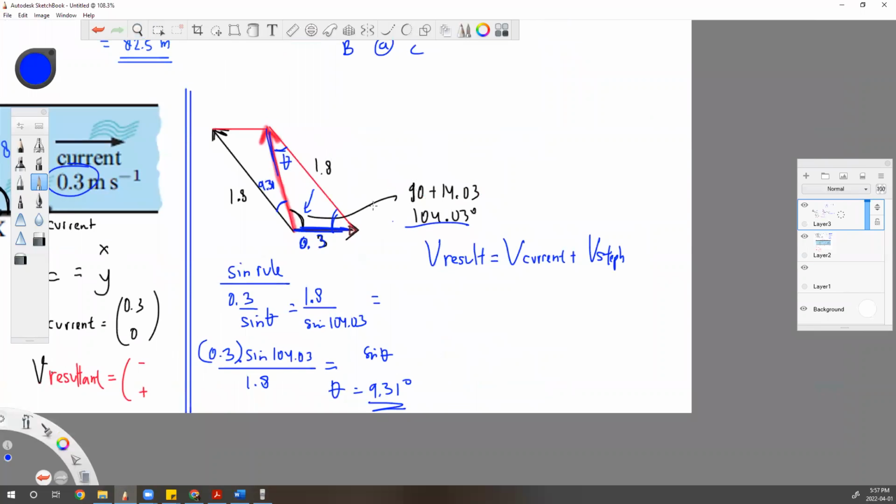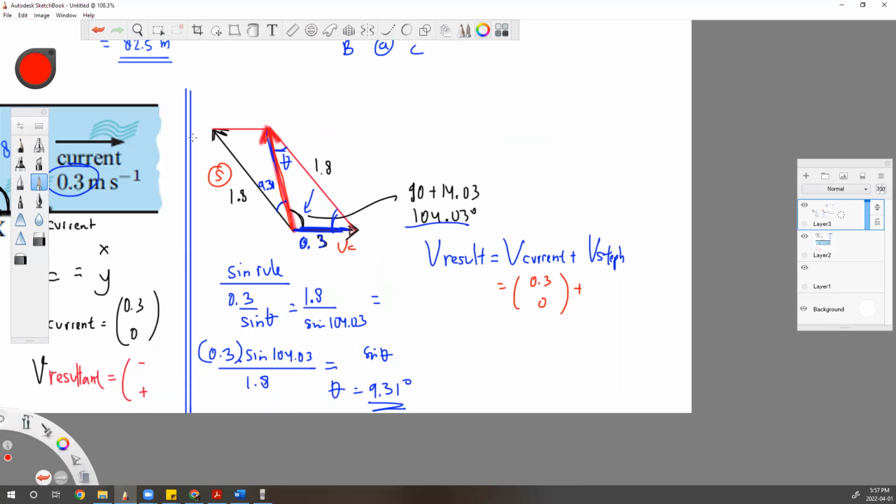The red one. V of the current is very simple: 0.3 and 0. V of Stephanie's vector is the other homework for you. Put them one by one.